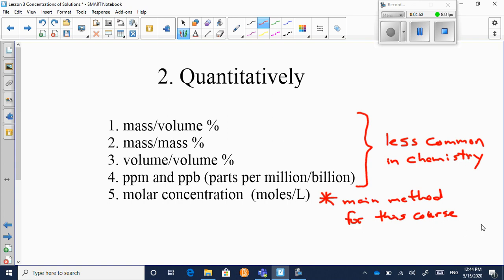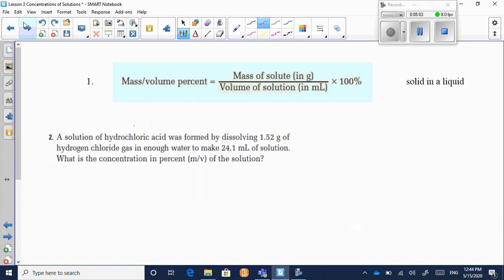So we're trying to describe the concentration of something, whether it's concentrated or not. We're going to use some formulas. All right, here we go. The first formula, and I've just given it to you here. I'd like you to know this formula. It's called a mass volume percent, and often it's called an M/V percent.